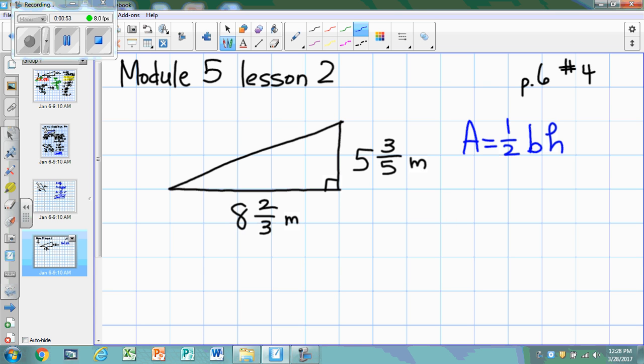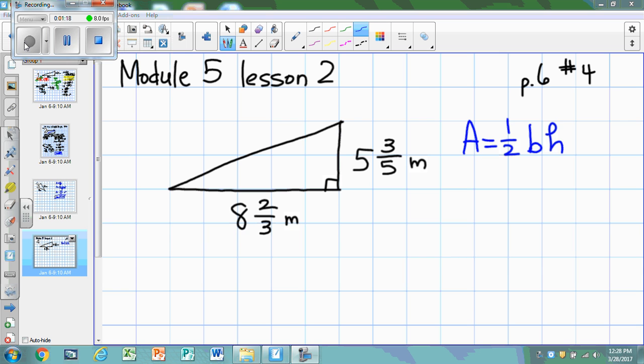If we put it where we're dividing by 2, we might have some problems and mess up, okay? We're also, if we would divide it by 2, we would also possibly miss an opportunity to simplify our answer by using cross products to see if we can cancel anything out, all right? And I'm going to show you both.